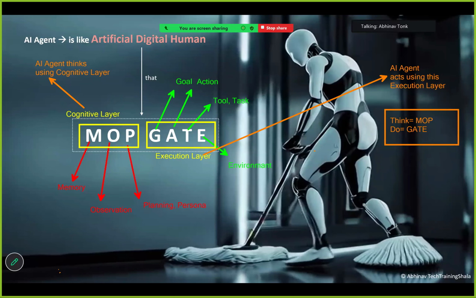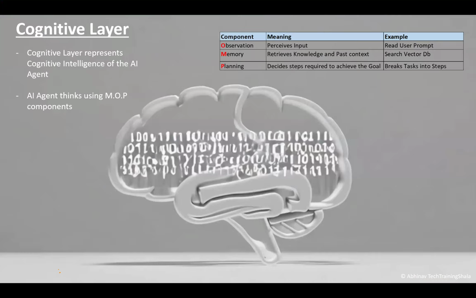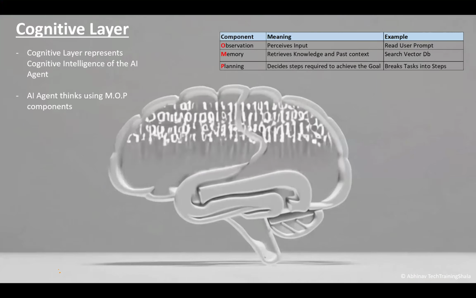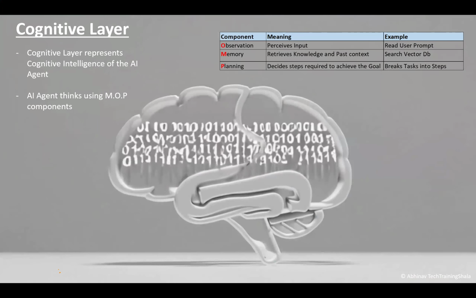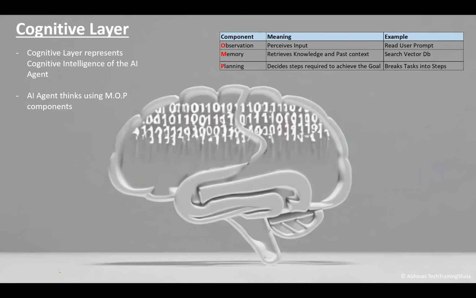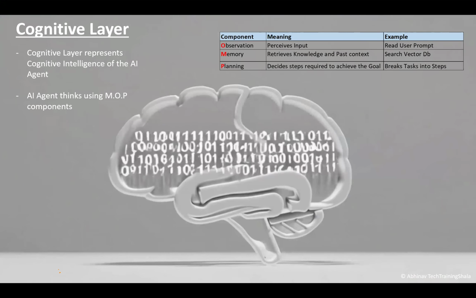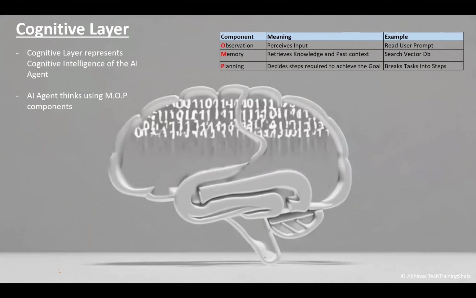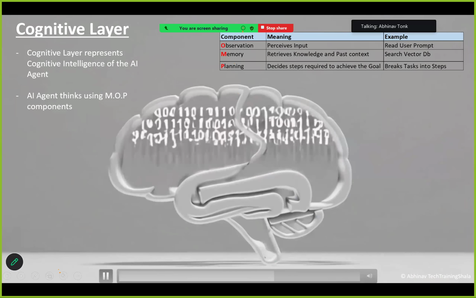Okay. Now let's go to the next. More insights on the cognitive layer. The cognitive layer represents the cognitive intelligence of the AI agent that we have already seen. And the AI agent thinks using MOP components. What are those MOP components? So MOP components are observation, memory, planning. Observation means it basically perceives the input.